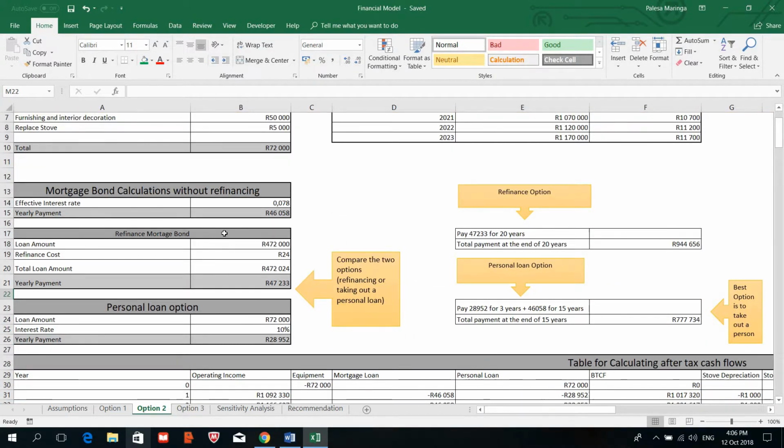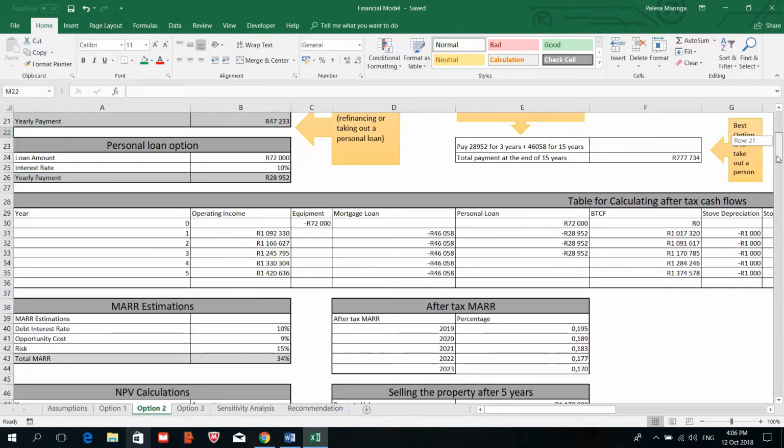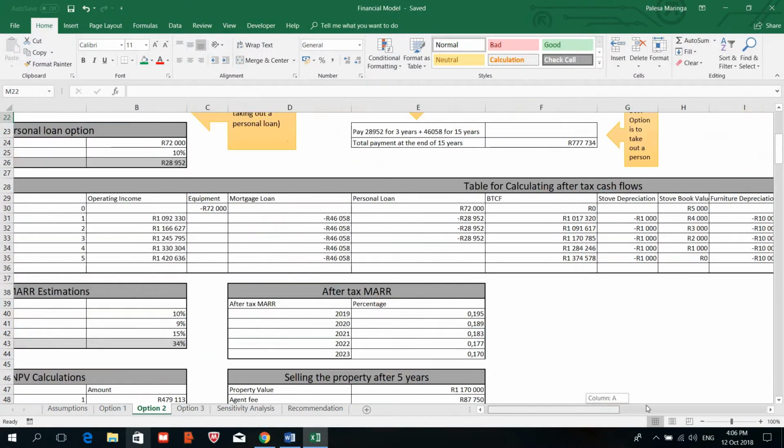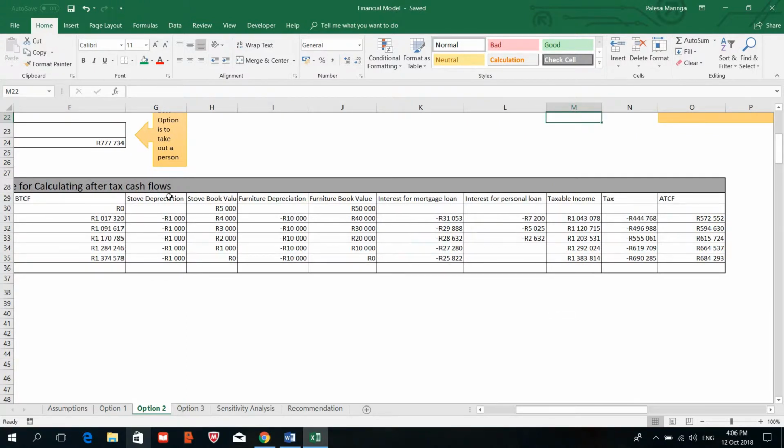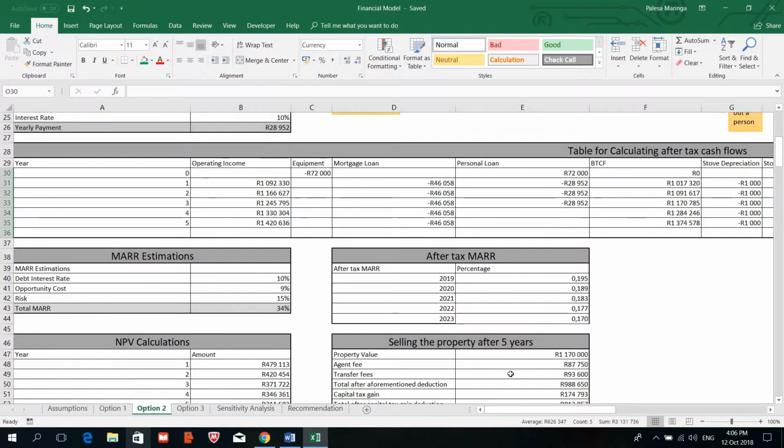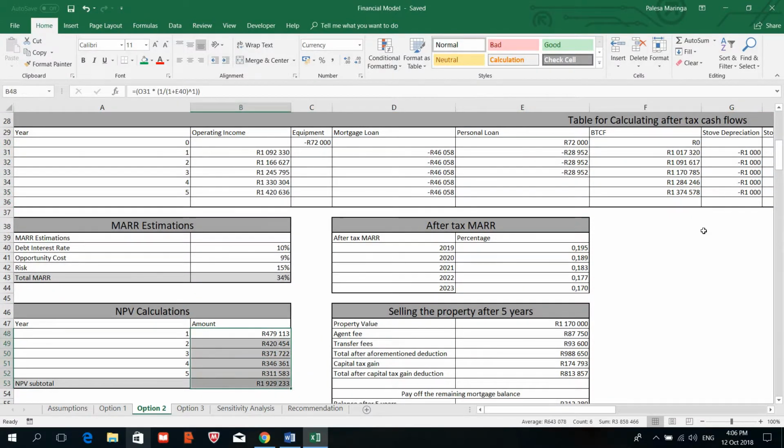Again, a comparison between either taking out a personal loan or refinancing your mortgage bond was made, and the personal loan was selected again because it was the lowest. The after-tax cash flows were again calculated for this option, taking into consideration stove depreciation and furniture depreciation, and a net present value was calculated for those cash flows using the MARR estimations.